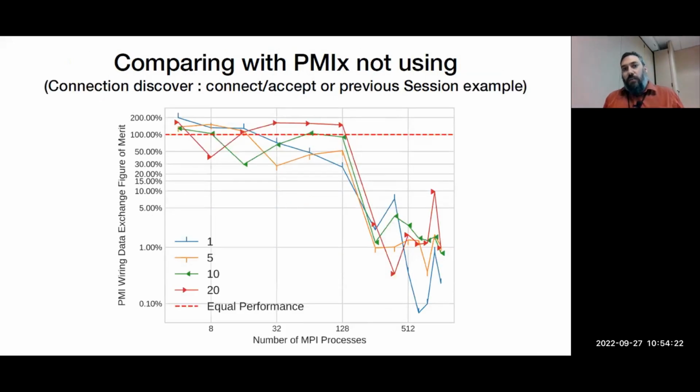But on the other hand, comparing to PMIx not using the allgather, because here it is different jobs, PMIx doesn't have the information to do the allgather. It has to connect to basically do an all-to-all to get all the information, basically the same as us. Well, we can see that pretty quickly we're faster using the overlay network because of the Kademlia topology.